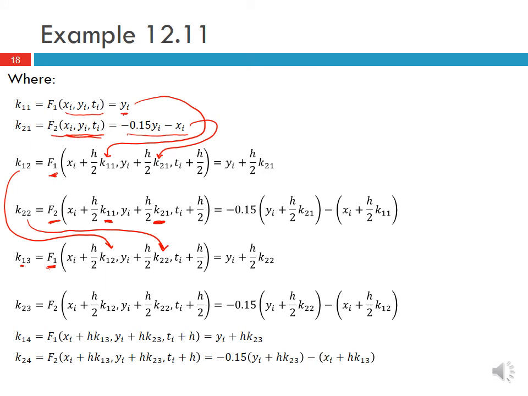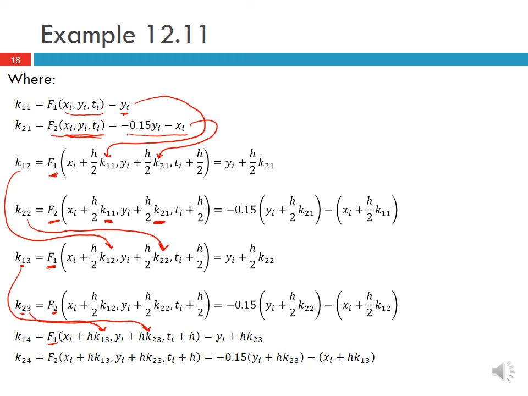And then our k23: the 2 here indicates the second function, and the 3 indicates that it's evaluated at the same intermediate point, so x_i plus h over 2 k12, y_i plus h over 2 k22, plus t_i plus h over 2. And then lastly, k14 is our first function evaluated at our last point, so x_i plus h times k13, y_i plus h k23, and then t_i plus h.